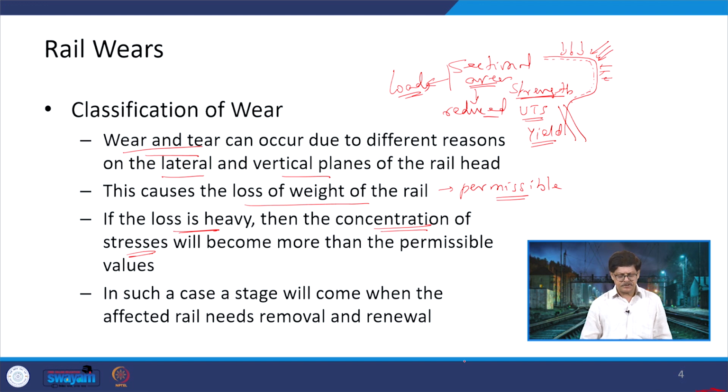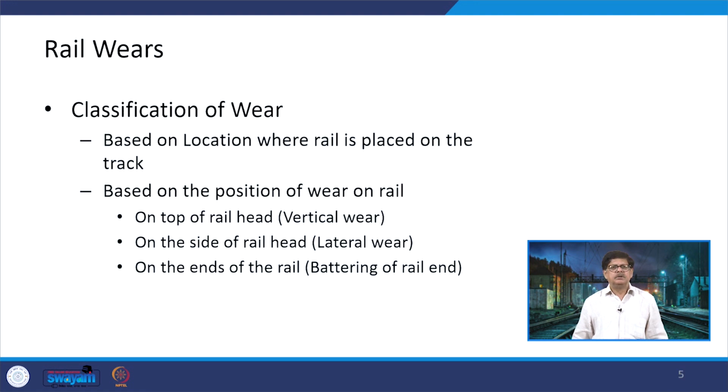So in those cases, a stage will come where the affected rail needs removal or renewal. You may renew the rail or you have to completely remove the rail section. It all depends on the amount of wear and tear which has happened at any location.